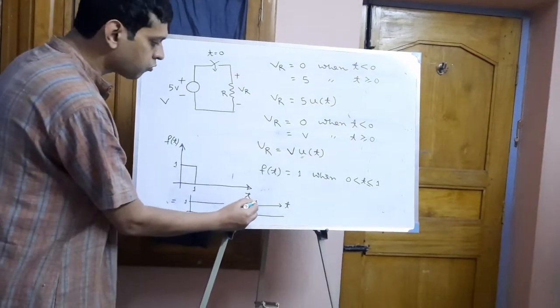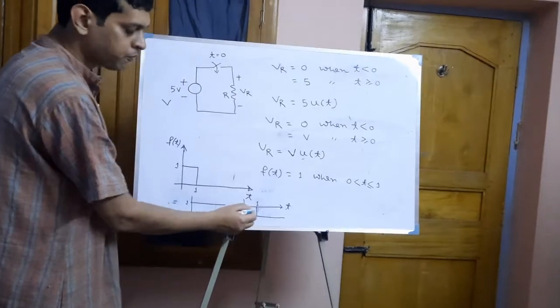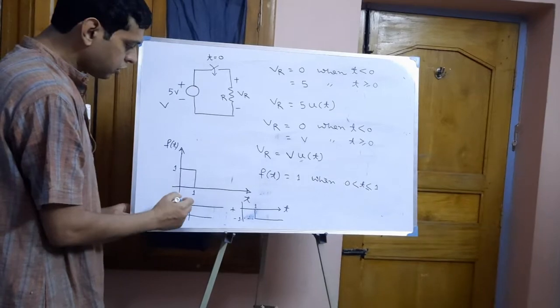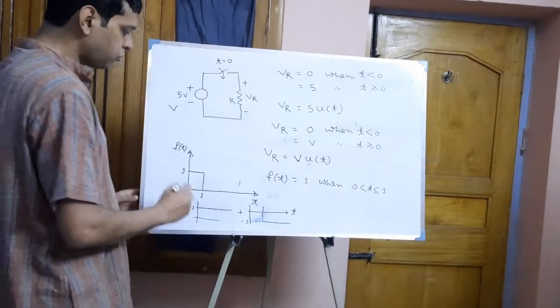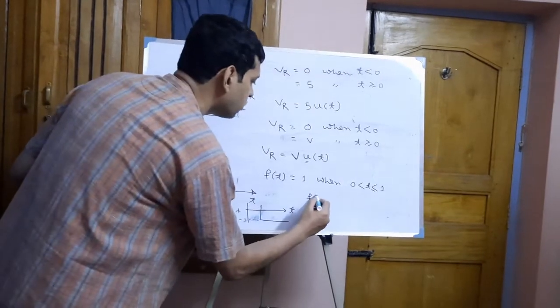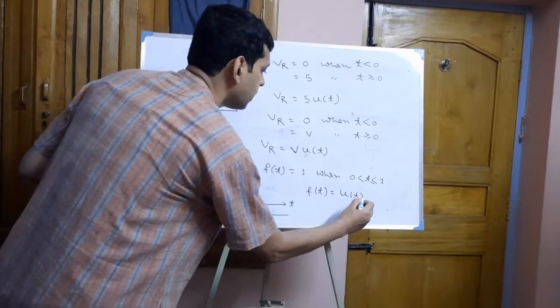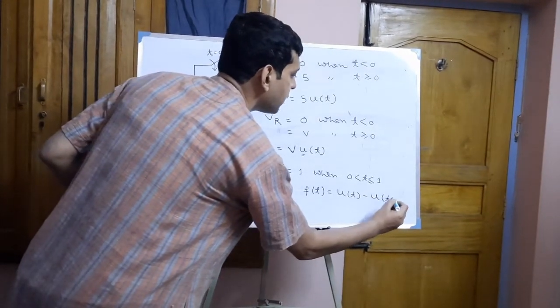So after t equal to 1, the sum of these two is equal to 0. So we can write that f(t) equal to u(t) minus u(t minus 1).